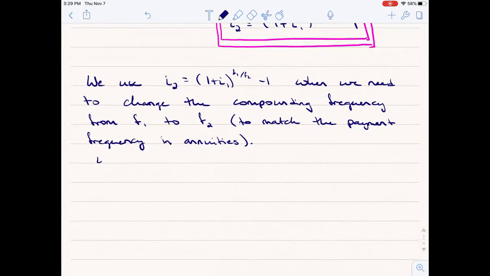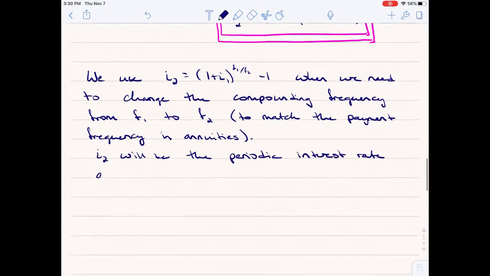So I2 will be the periodic interest rate at the new compounding frequency.